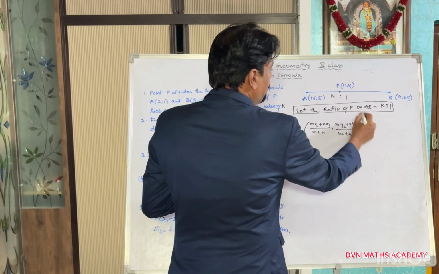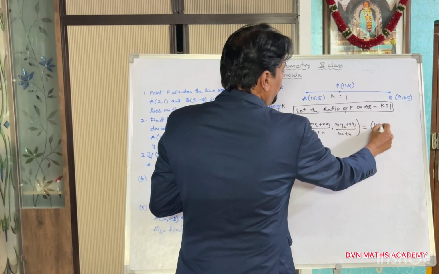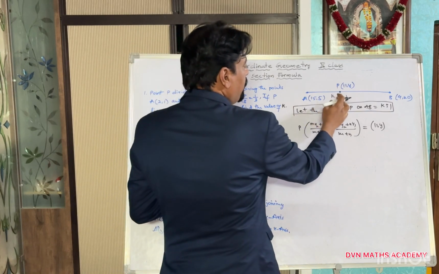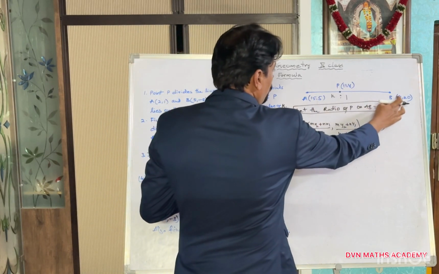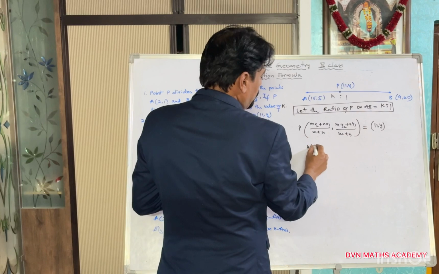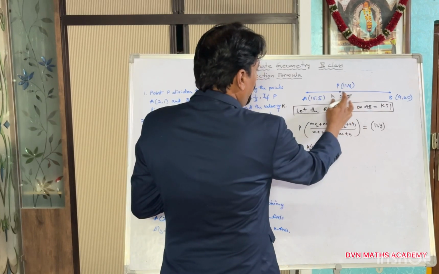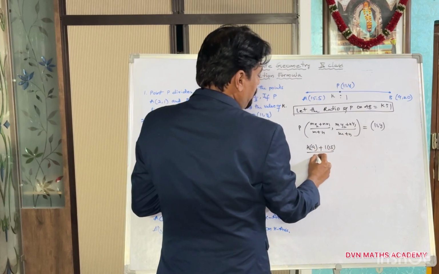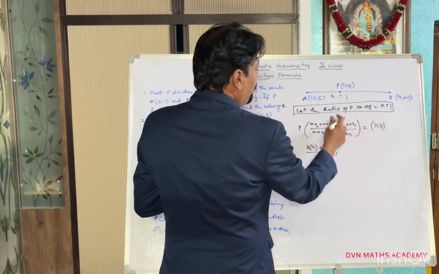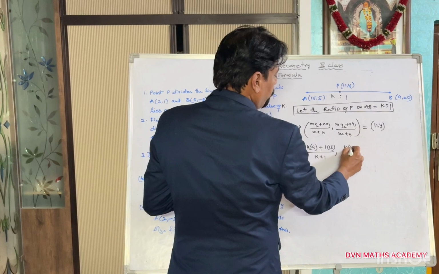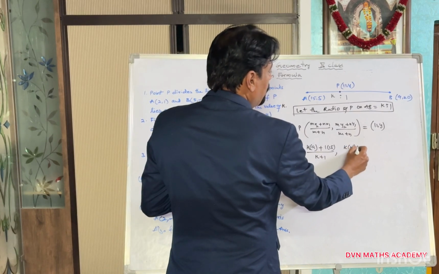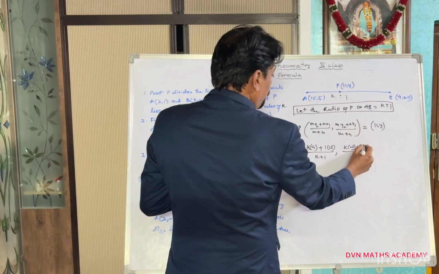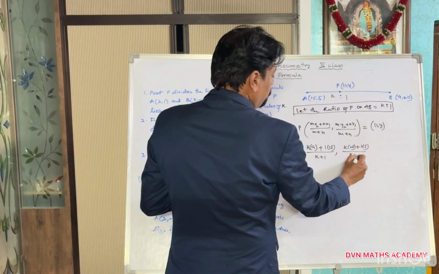That point is given already, that is (11, y). Substituting the values: (K into 9 plus 1 into 15) by (K plus 1), comma, (K into 20 plus 1 into 5) by (K plus 1).